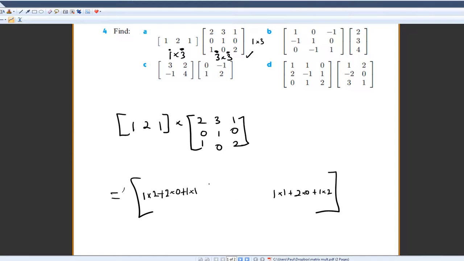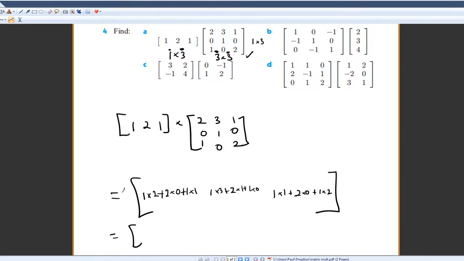Alright, now let's get this middle element here, the element that's in position 1, 2. So that is found by running this row and diving this column: 1 times 3 plus 2 times 1 plus 1 times 0.